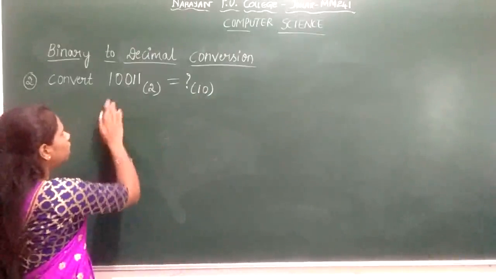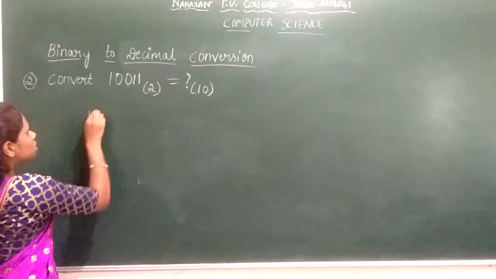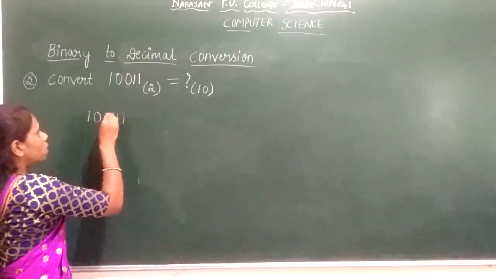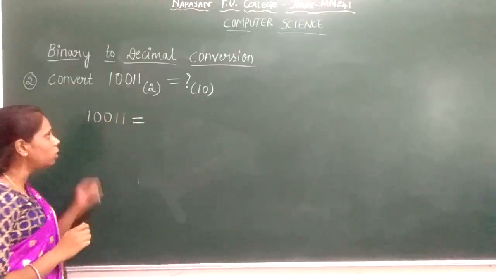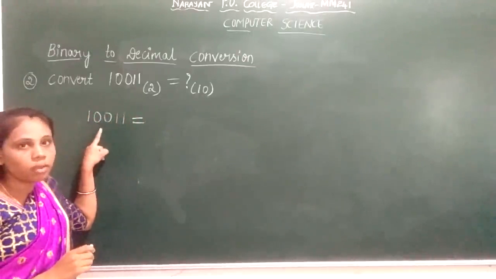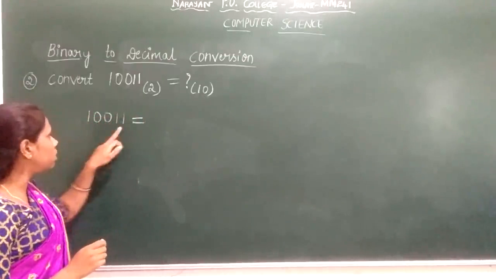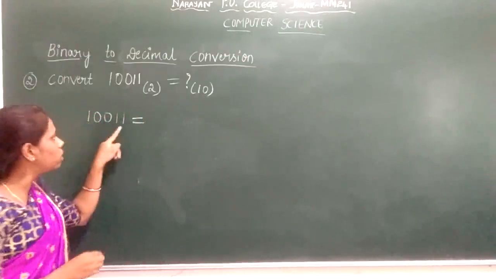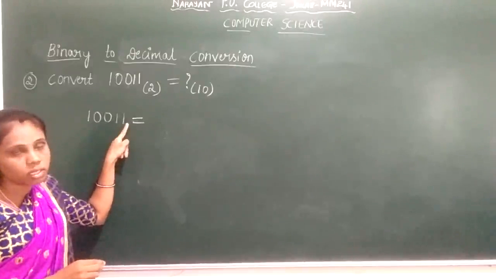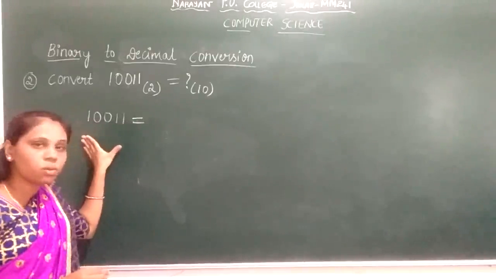Now take this value 1 0 0 1 1. Now what you should do is multiply each and every digit by 2. Now I will write: 1 into 2, plus 0 into 2, plus 0 into 2, plus 1 into 2, plus 1 into 2. Here we don't have any real value, that is fractional value, we have only the integer part.